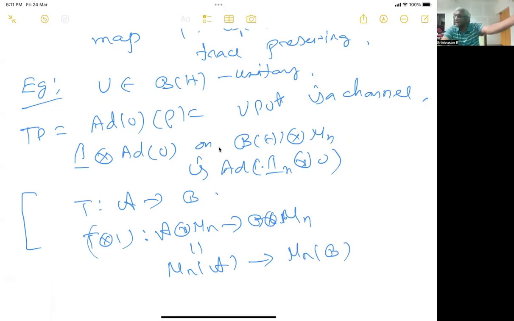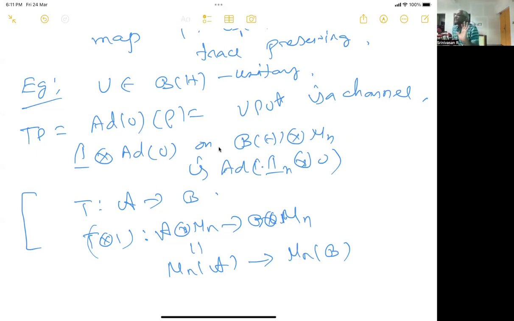In B(H), it is of course clear. If you have B(H) tensor Mn, this is just B(H) tensor Cn, which are just matrices with entries coming from B(H). At least here it is clear. I haven't defined the tensor product of A tensor Mn for general algebras; you have to define it for general algebras.